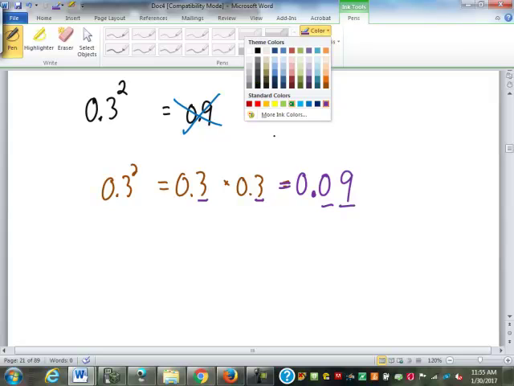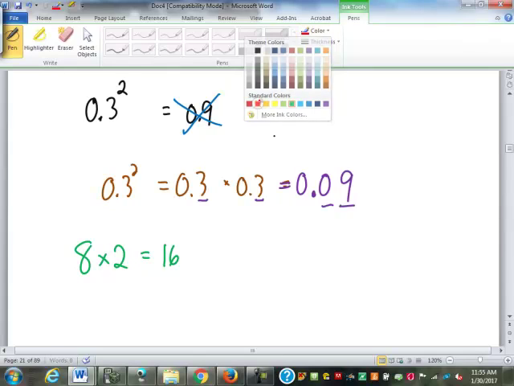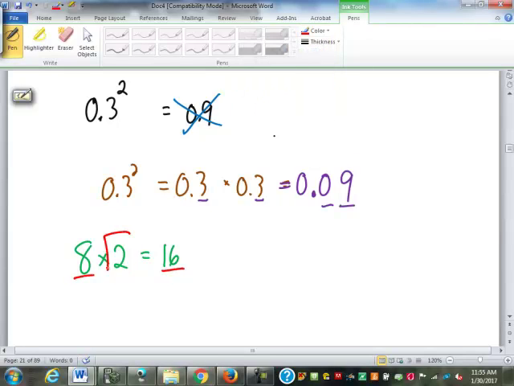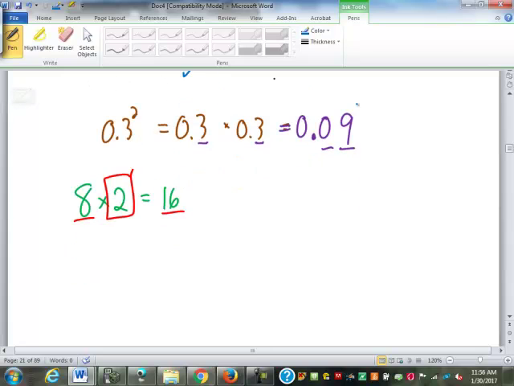When we multiply, I'm going to go to whole numbers here for just a second. 8 times 2 is 16. That gets larger from 8 to 16 because what we're multiplying by here is larger than 1. But if we multiplied by 1, 8 times 1, of course, is 8. When we multiply by 1, the value stays the same.